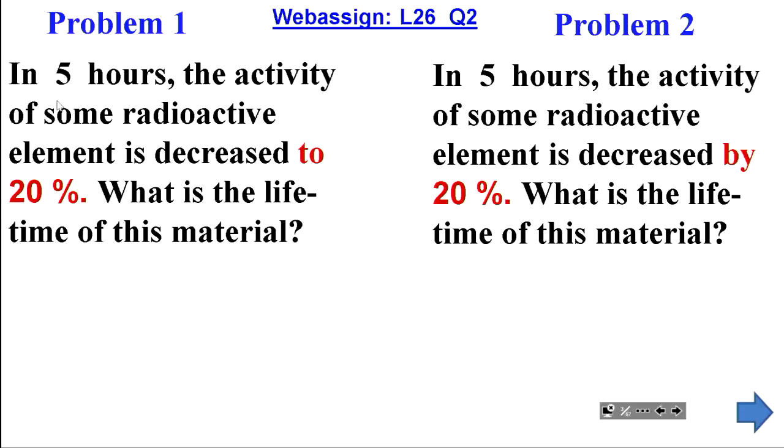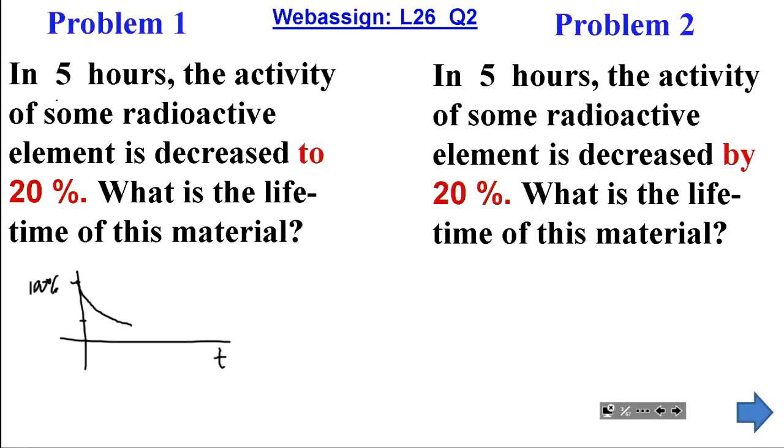All right, so what's happening here? We always begin from 100% of something. So if we want to sketch a graph, we start from 100%, and the mass of radioactive element decreases.